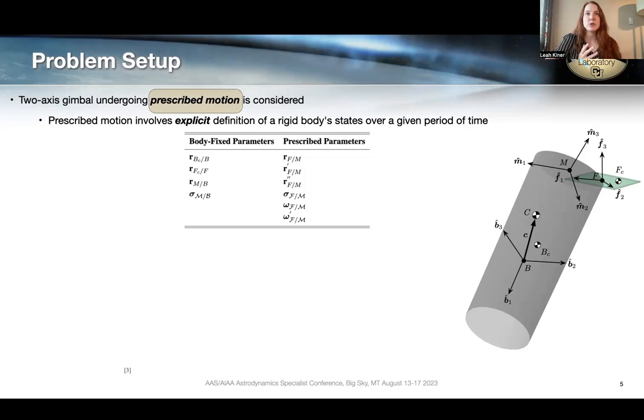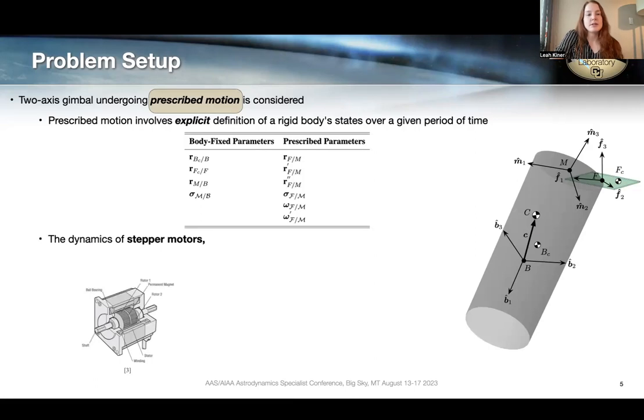And we have this sort of one-way coupling that only really exists when the states of the prescribed body are impacting the dynamics of the rest of the spacecraft system. We can see here that the prescribed parameters used to describe the full states of our prescribed body are the translational states and the rotational states seen here.